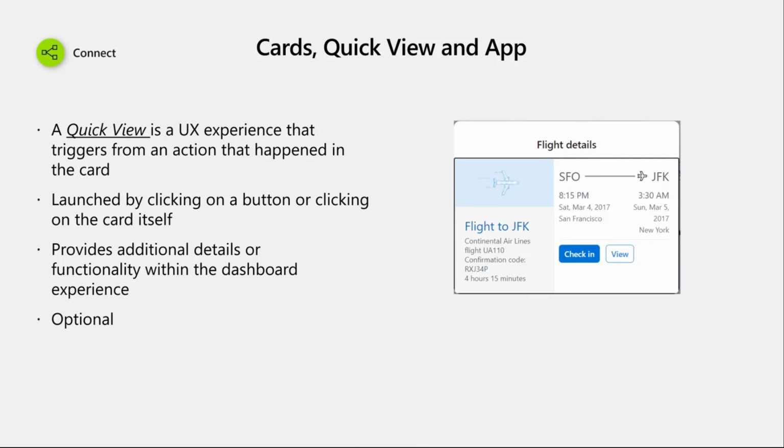These provide additional information to the end user that can be actionable within Viva Connections dashboard itself. This is an optional component. If you're going to build a new experience on top of Viva Connections dashboard, the card is the only one that you have to create. The quick view is something that you can provide or you can't provide. It's not required.